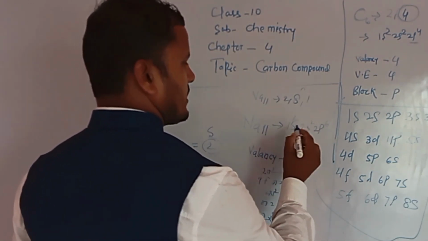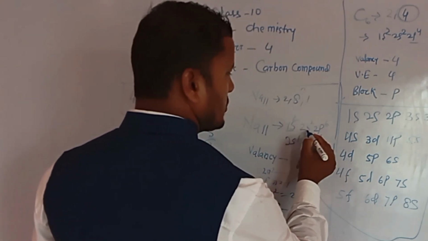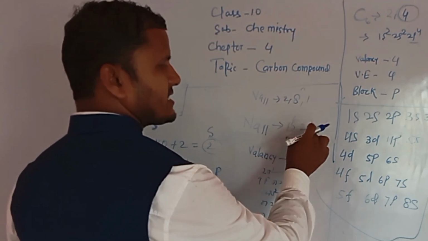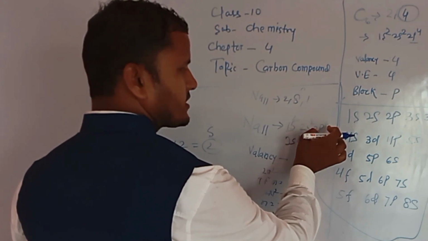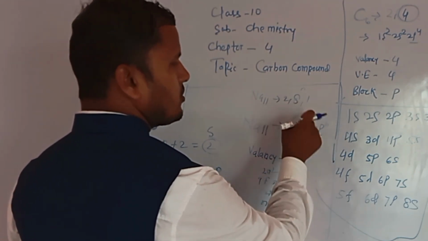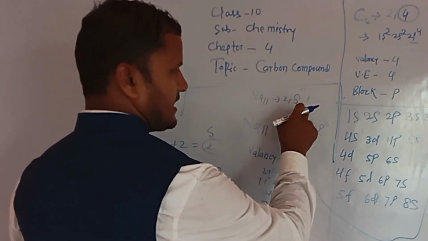In the first orbit 2 electrons. 2s and 2p are different blocks but the orbit is the same. We add them: 6 plus 2, how many? 8. There is also 8. And the last one is 1. And there is also 1.